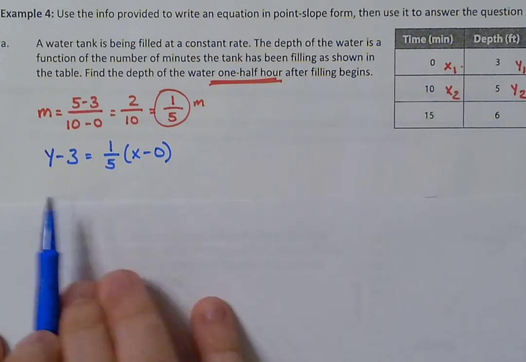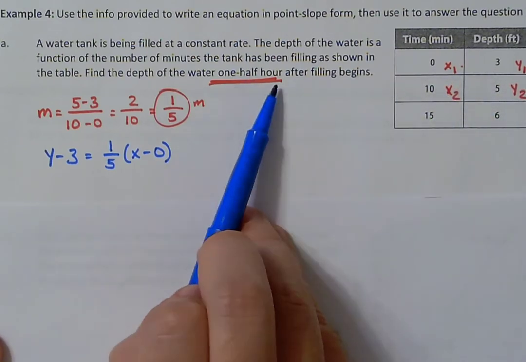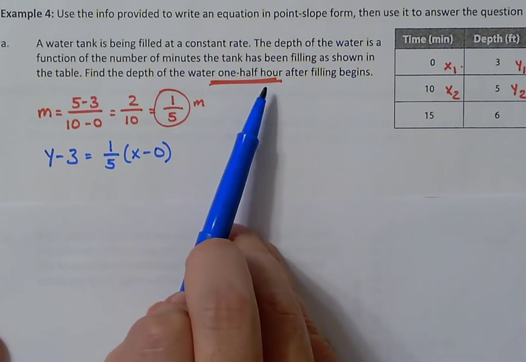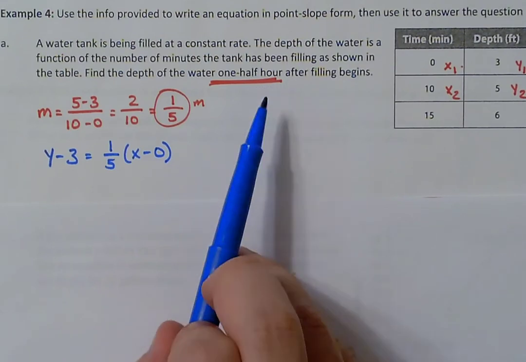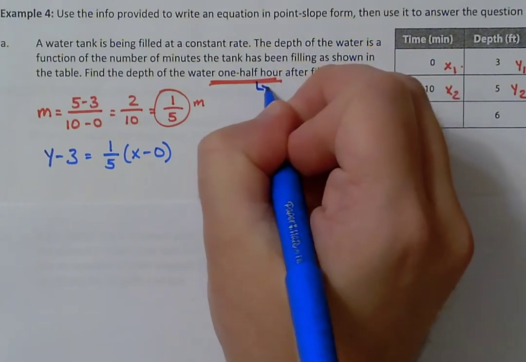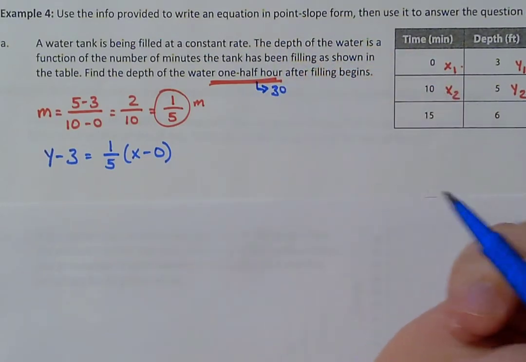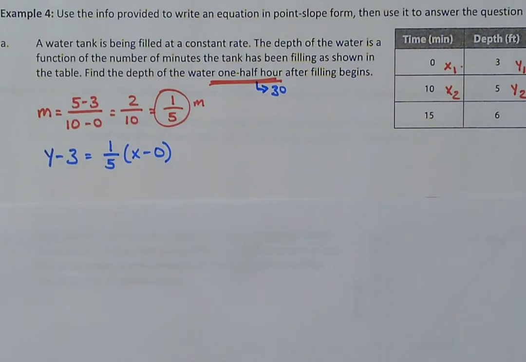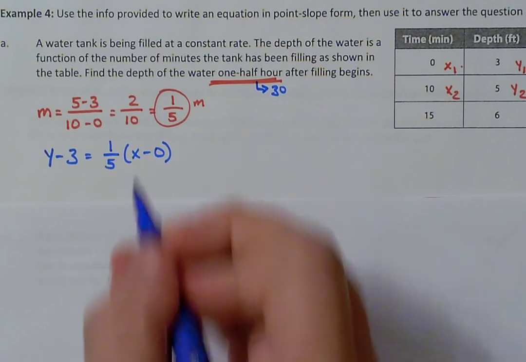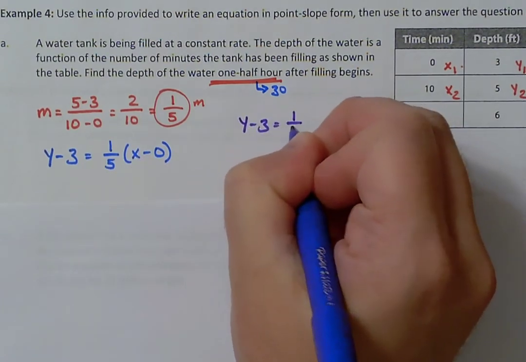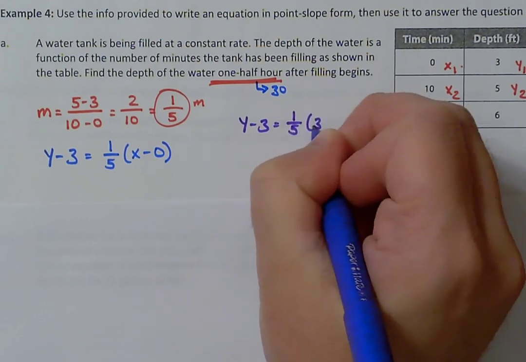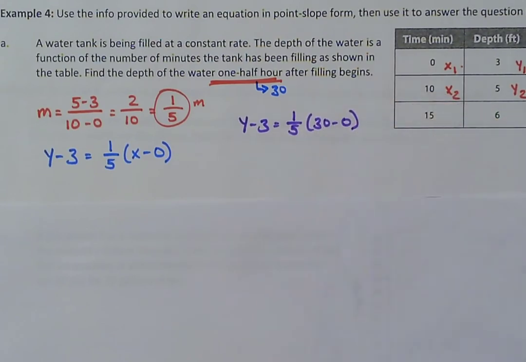Now that I have my equation, it wants to know after 1/2 hour what is the depth of the water after it begins filling. Because a half hour is 30 minutes, we're going to plug 30 into our equation for x. So we have y minus 3 equals 1/5 times 30 minus 0.